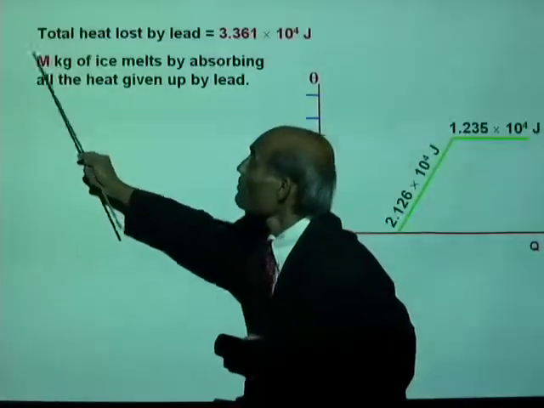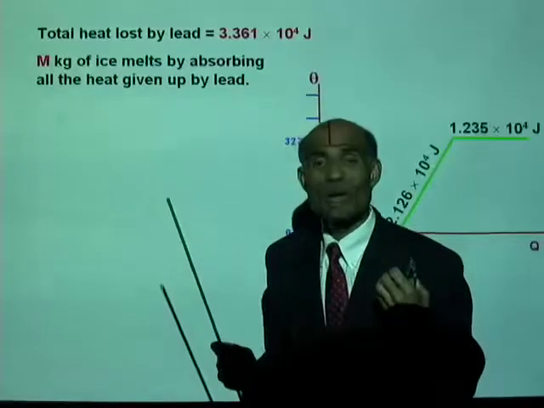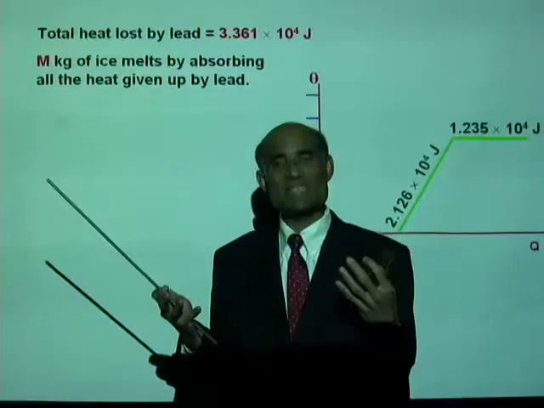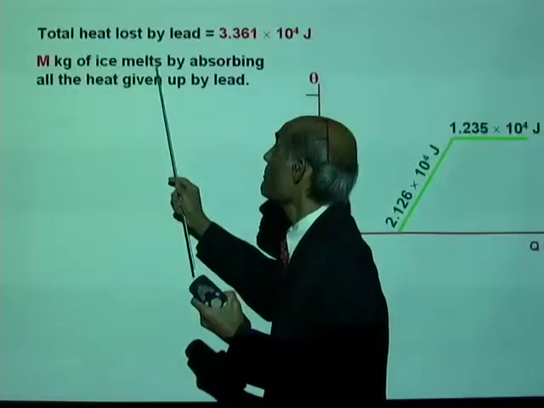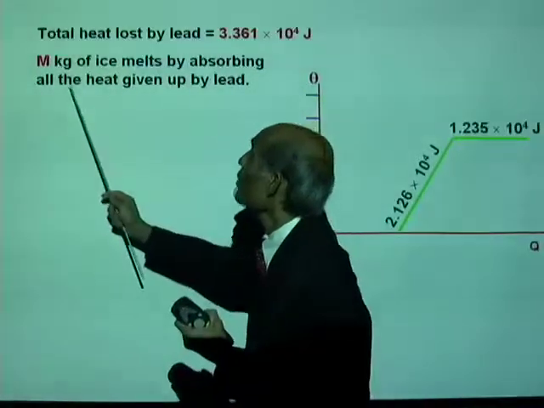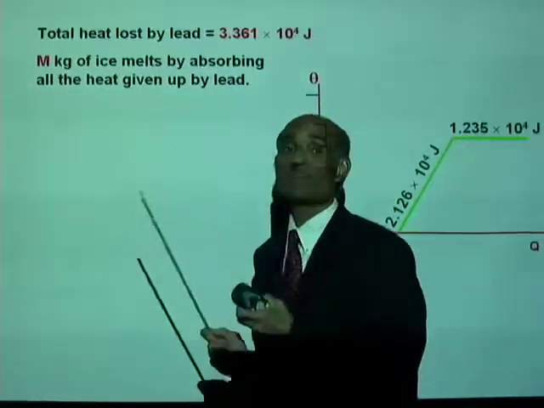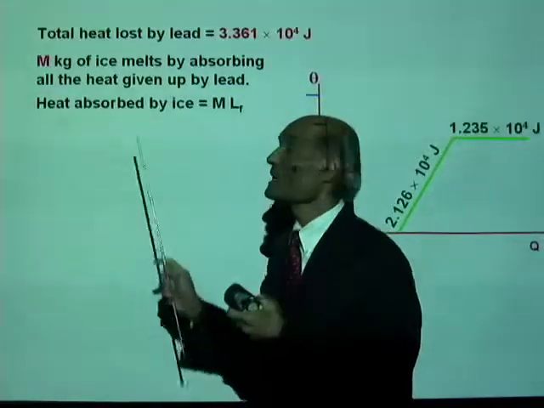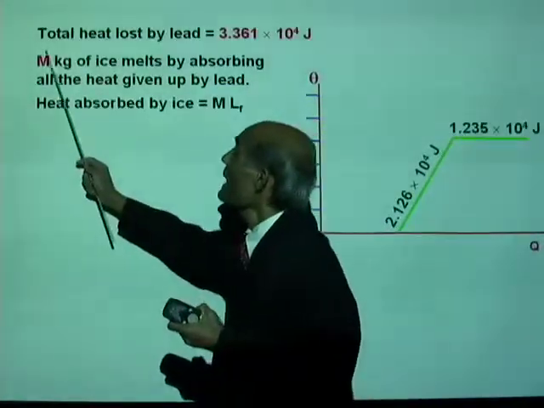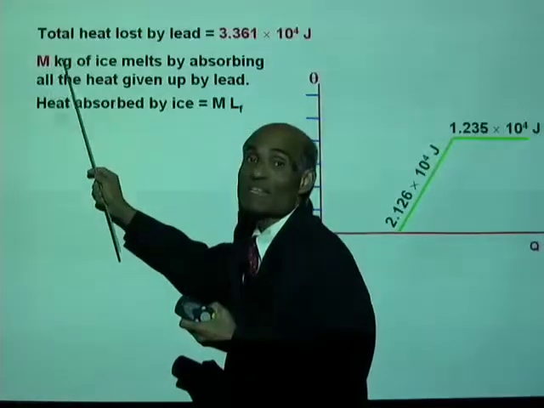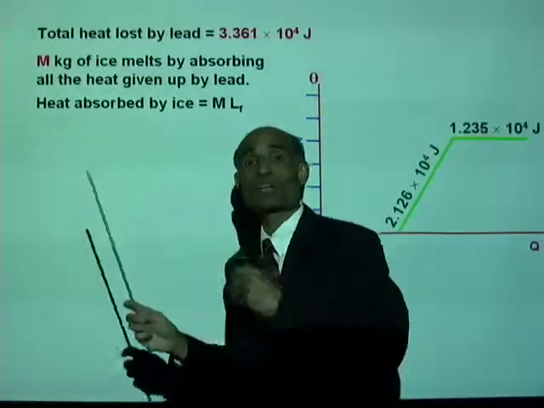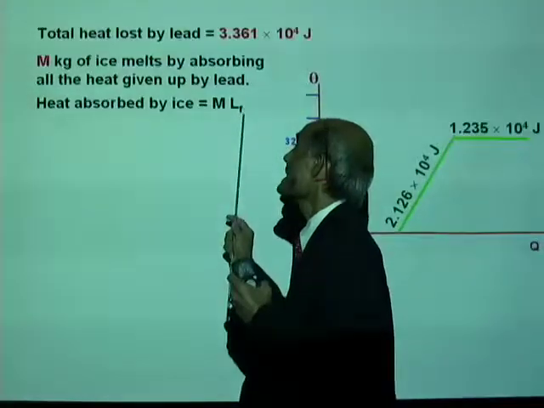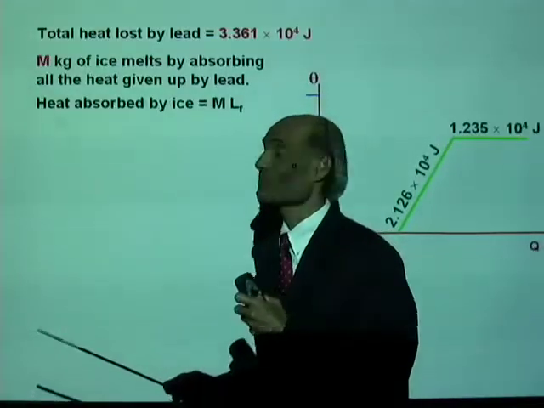Now, suppose m kilograms of ice melted using that heat. M kilogram of ice melts by absorbing all the heat given up by lead. Heat absorbed by m kilogram of ice to melt without changing its temperature is mass times latent heat of fusion.